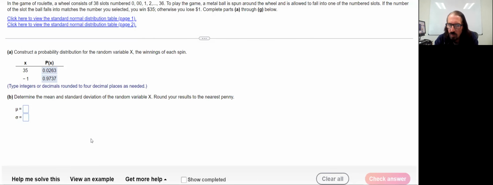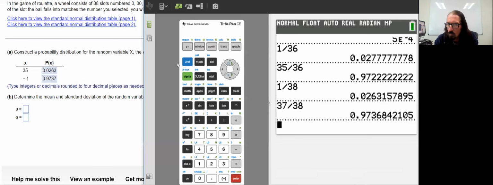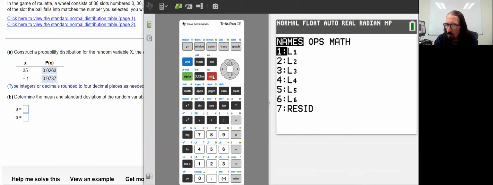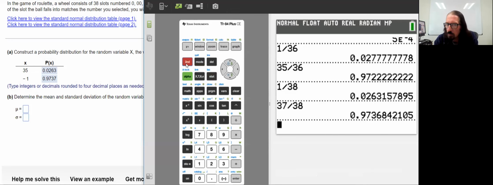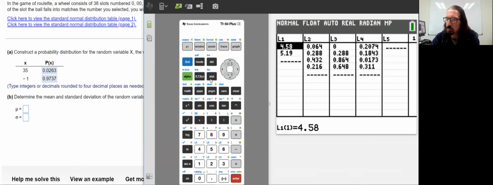Determine the mean and standard deviation. Seems like this is going back to a previous chapter. So let's clear out this data.